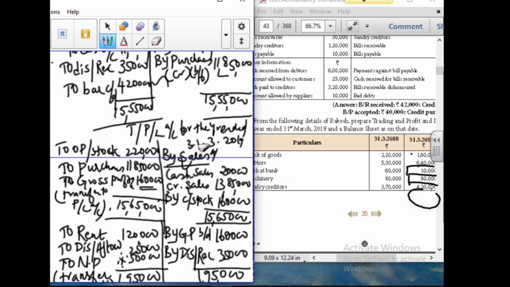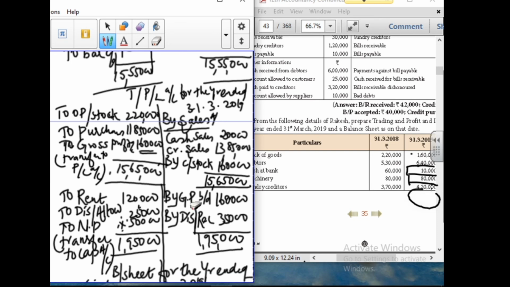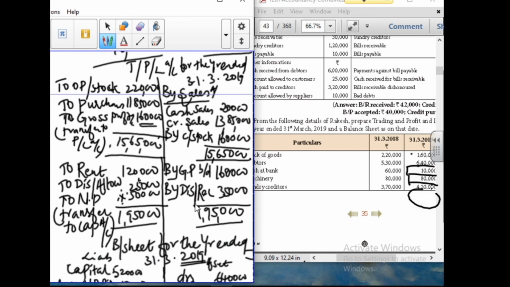Trading profit and loss account for the year ended 31/3/2019, not 18, it's 19. Closing informations only used. And for purchases, we have used only the credit purchases. But here the cash sales is given. We are going to add both the two and make the total sales. Next is the rent and discount allowed. With this we have found out the net profit.